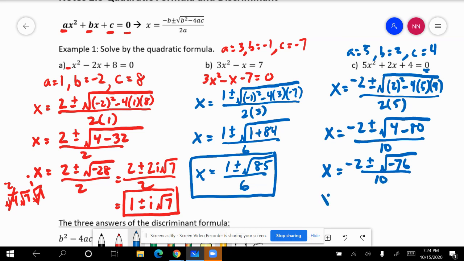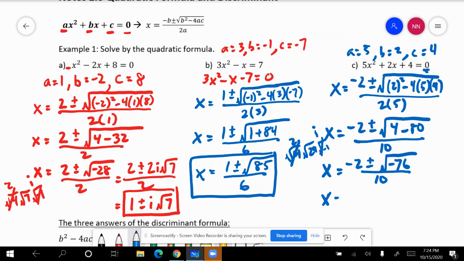And when we break down 76, we know that would be 4 times 19 and negative 1. Square root of 4 is 2. Square root of negative 1 is i.